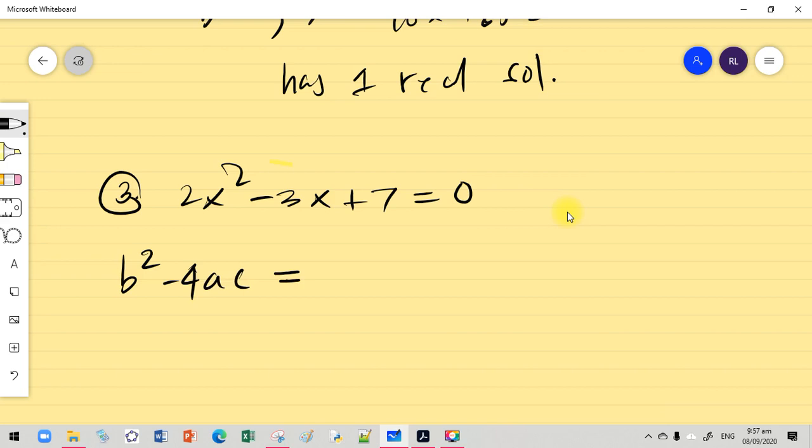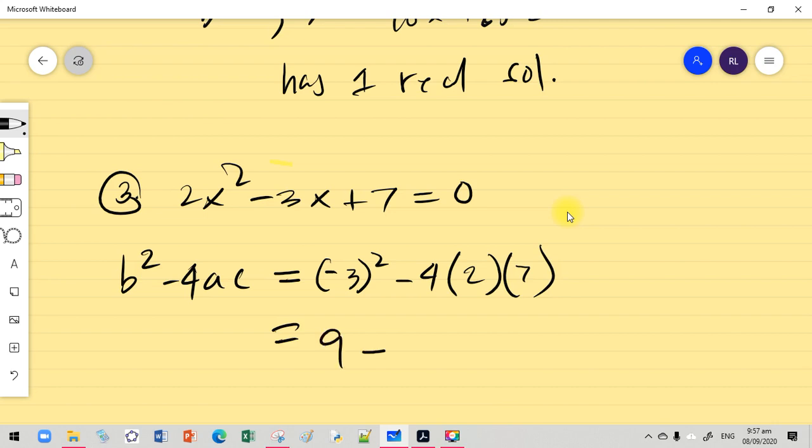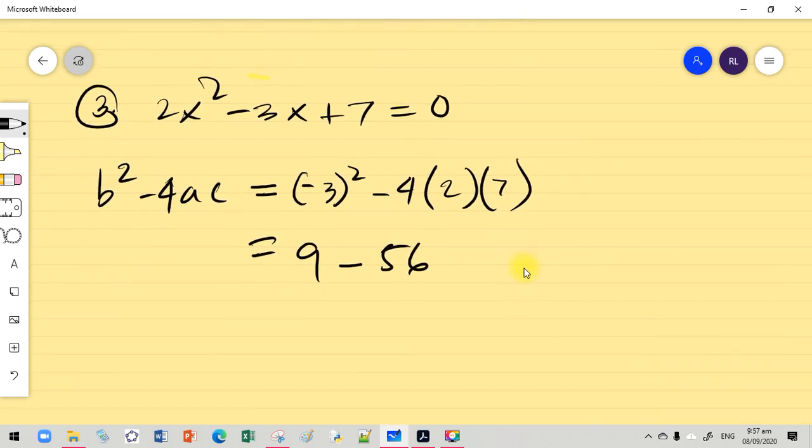The value of b is negative 3, so that is negative 3 squared minus 4, a is 2, c is 7. We simply have 9 minus 8 times 7, which is 56. Therefore that is negative 47.